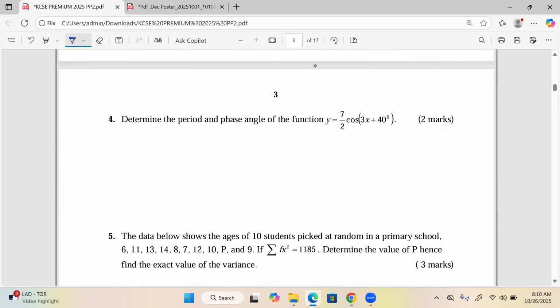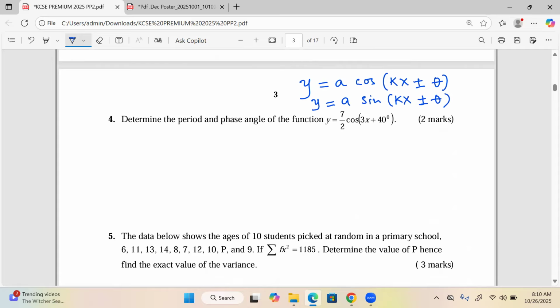Number 4, determine the period and phase angle of the function y equals to 7/2 cosine of 3x plus 40 degrees for 2 marks. We're supposed to know, when given the function, trigonometric functions, y equals to a certain value, then cosine, then another value here times x, plus or minus a certain angle, or the function can be a sine one, a sine of kx plus or minus a certain angle here, like that.